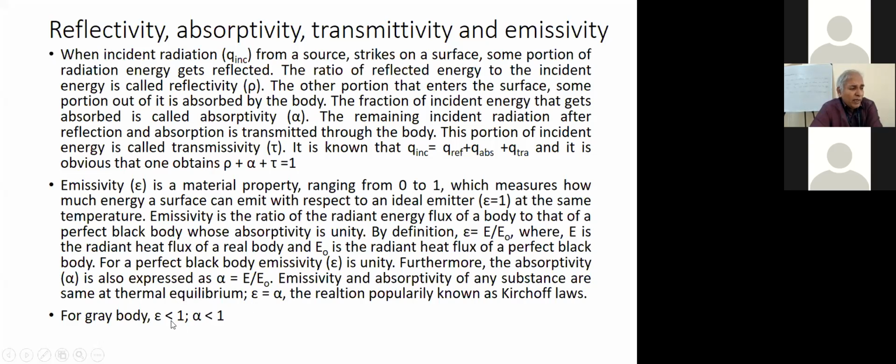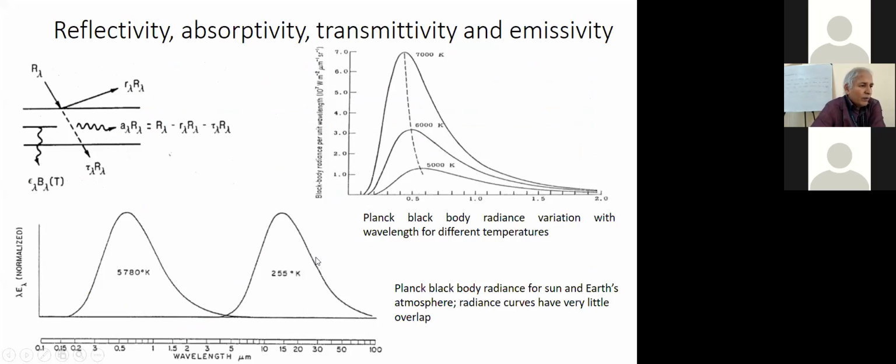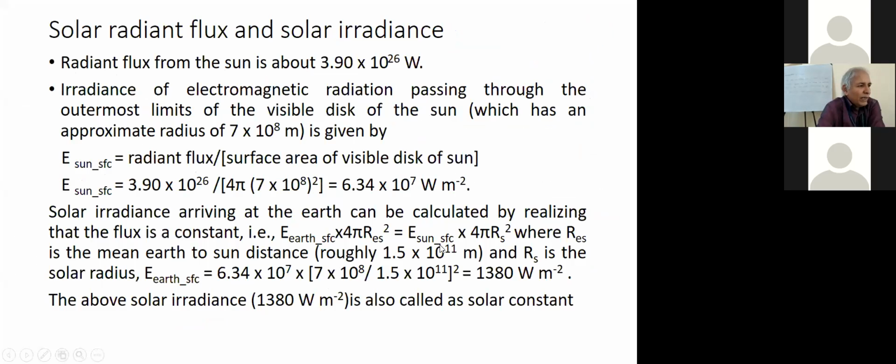For a black body, emissivity is 1 and absorptivity is 1. For a gray body, both emissivity and absorptivity are going to be less than 1. I'll discuss this figure a little later, maybe after a few minutes. So this is our Planck blackbody radiance, which I will discuss then.